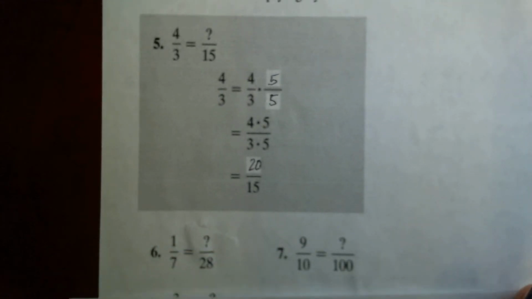In a similar way, we do exercise number 6. Let's look at that. And so here we have 1/7 equals 1/7 times question mark. What do we multiply 7 by to get 28? Well, we divide 28 by 7.